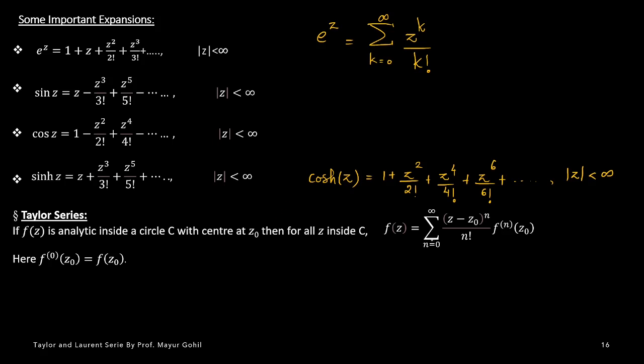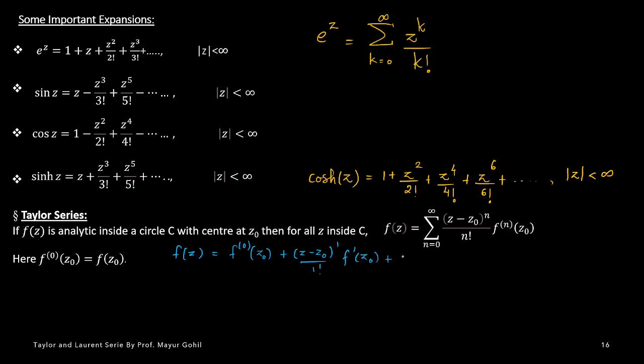I'll just expand it. It is f of z. When you expand it, what do you get? For n equals 0, you get f evaluated at z naught. Then when n is 1, you just have (z minus z naught) to the power 1 over 1 factorial times the first derivative evaluated at z naught.